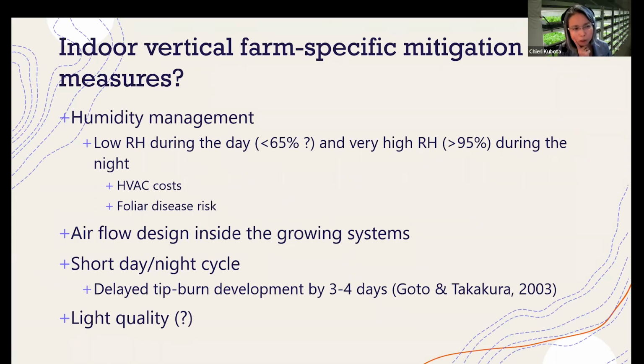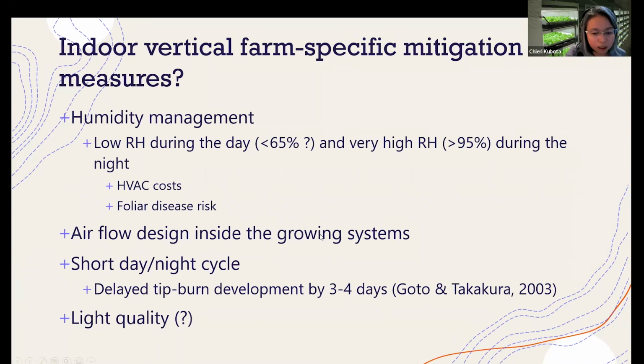And then an interesting approach was also reported by Eiji Goto, now at Chiba University, but back then at University of Tokyo. He was talking about a shorter cycle. I think he did something like a 3-hour day and night cycle instead of 24 hours, to mitigate the turgor so that cell rupture can be mitigated, which is the sort of initial problem after calcium deficiency in growing tissue.